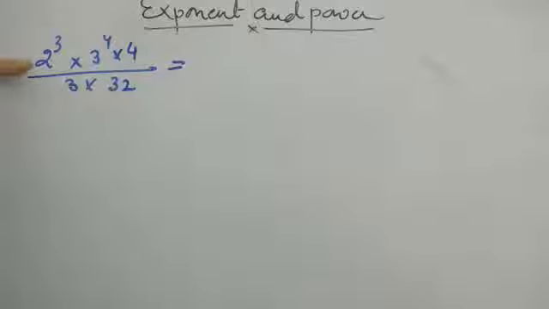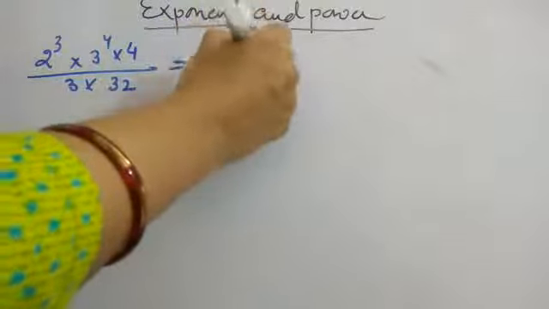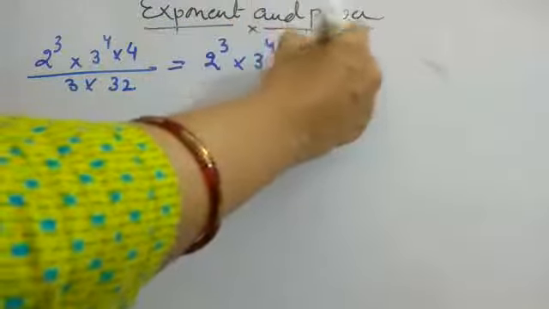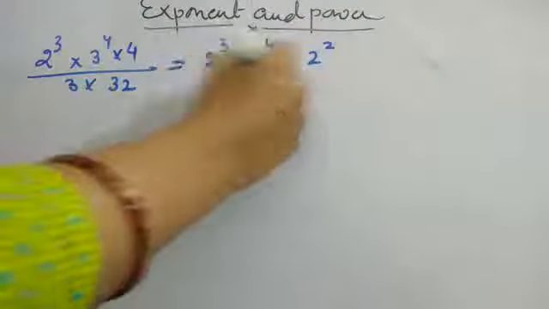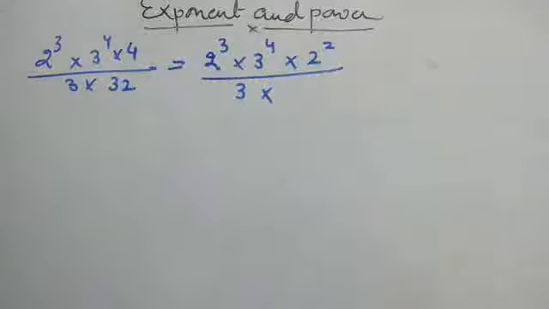Suppose 2 is prime, 3 is prime, but 4 isn't prime. So we will prime factorize it, so it can be written as 2 to the power 2. 3 is prime but 32 isn't prime. Now see how 32 can be written.